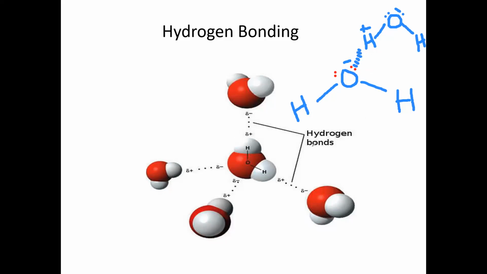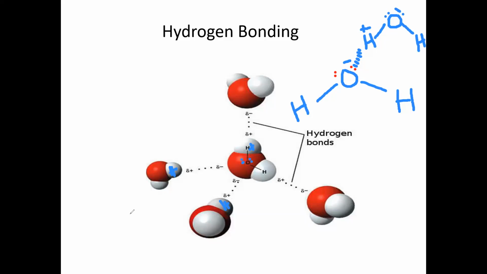Similarly, there's another water here. So this is what is also written here. You have your oxygen here, which is negatively charged. Your hydrogen here is positively charged. And on this oxygen there are lone pairs of electrons. So the hydrogen in this water molecule will have an affinity for this oxygen. The hydrogen here also will have affinity.